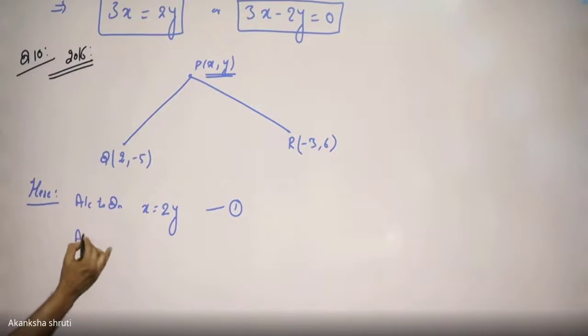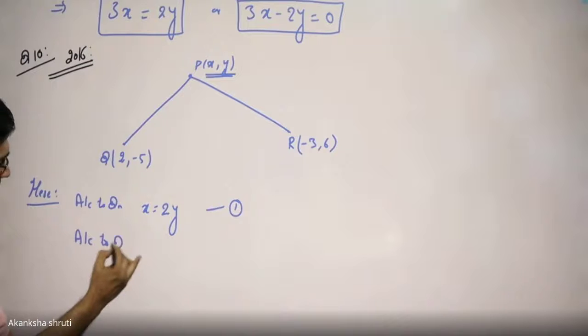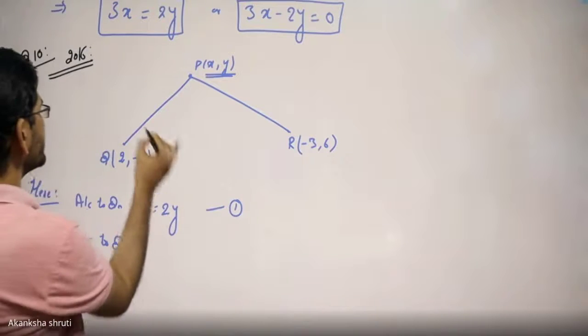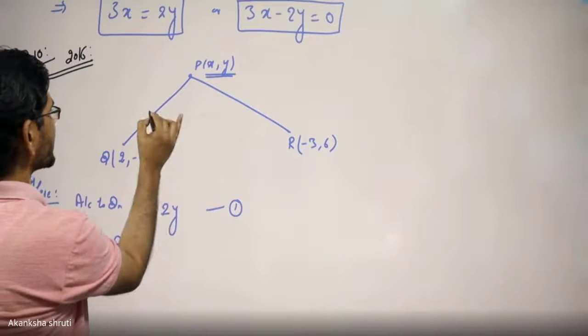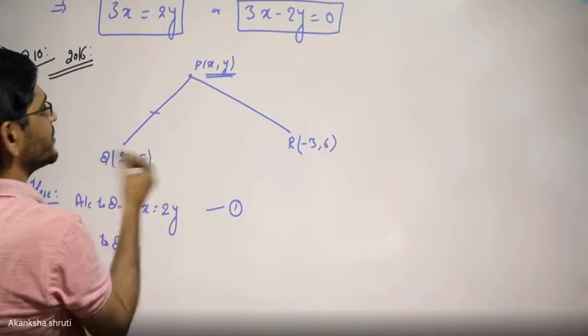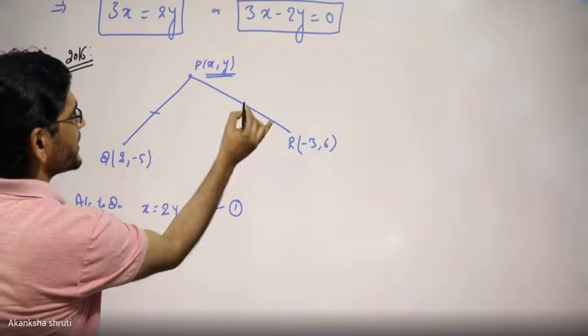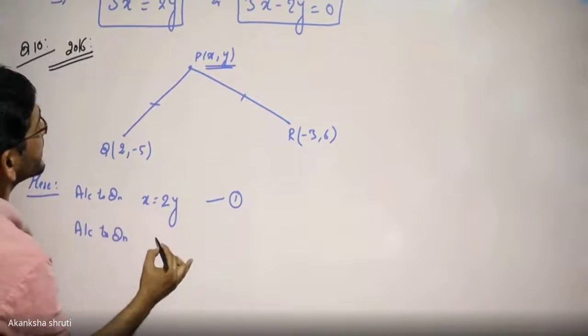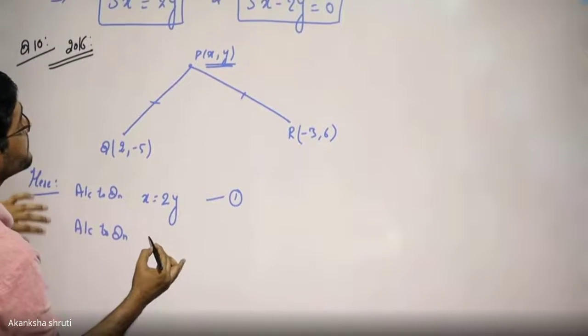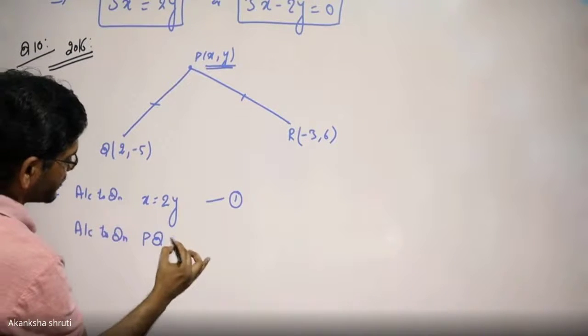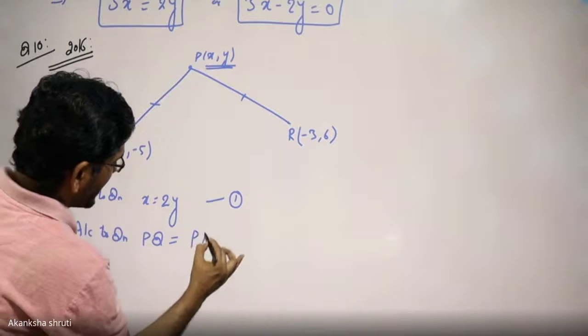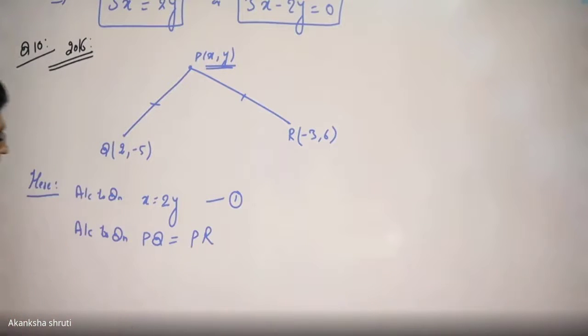Also, according to the question, this point P is equidistant from Q and R. So PQ is equal to PR, that we also have to write. Students, this PQ and PR are equal.